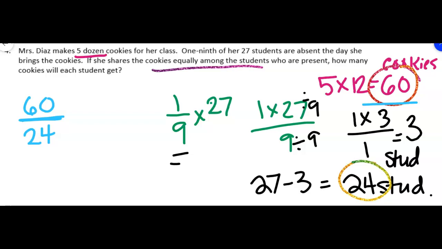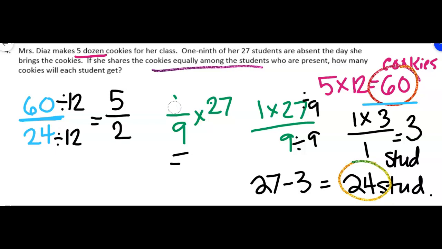I'm going to look for a way to simplify this fraction. I know that I can divide 24 by 12 and 60 by 12. And that would give me, let's see, 60 divided by 12 is 5. I know that 5 times 12 is 60. And 12 goes into 24 2 times.